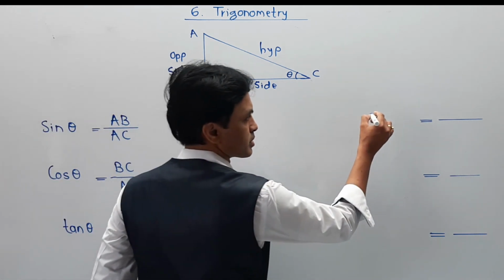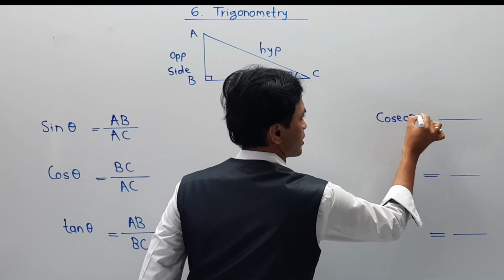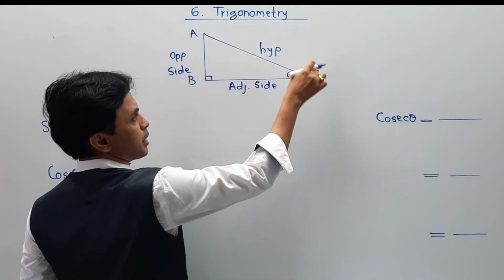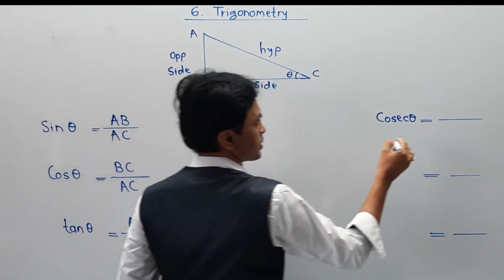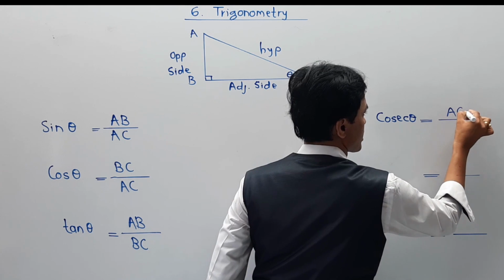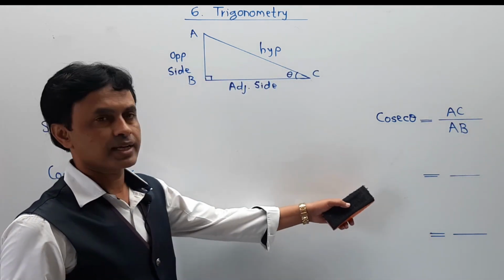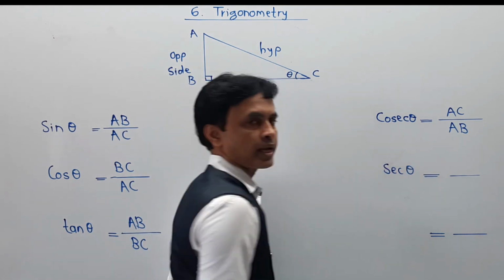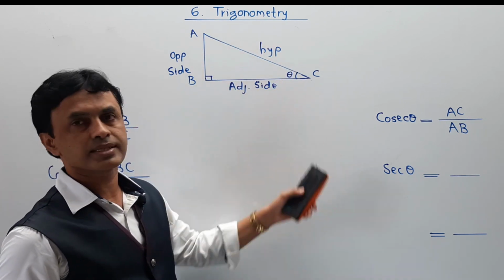And the first part is cosec theta. Now here, cosec theta is nothing but hypotenuse upon opposite side, AC upon AB. So it becomes AC upon AB. Next, sec theta. Sec theta is nothing but hypotenuse upon adjacent side.